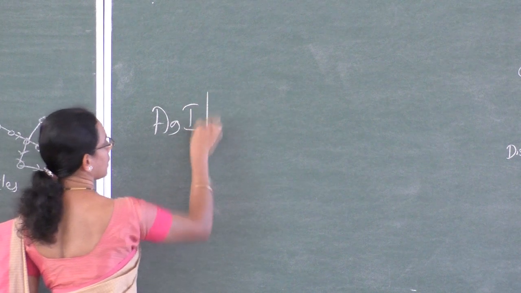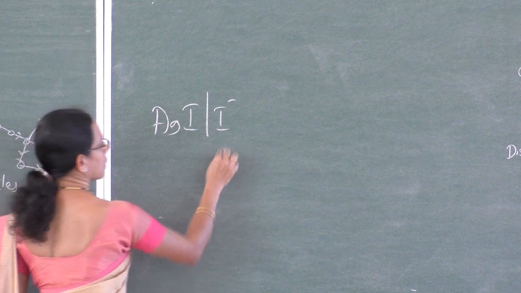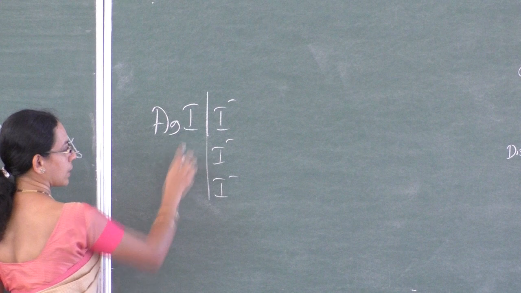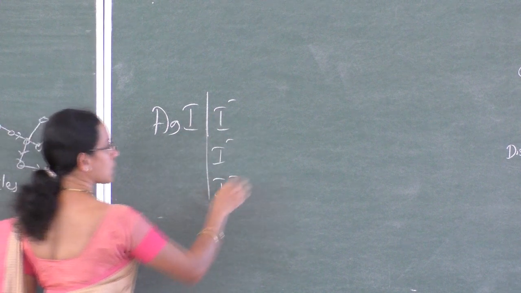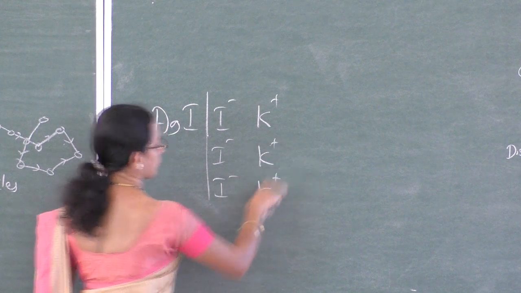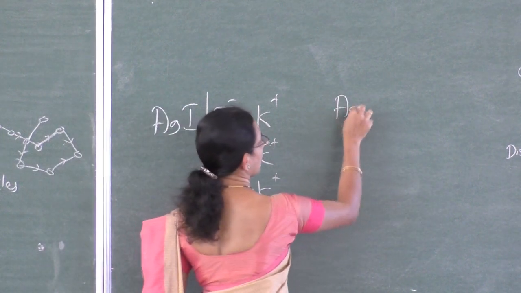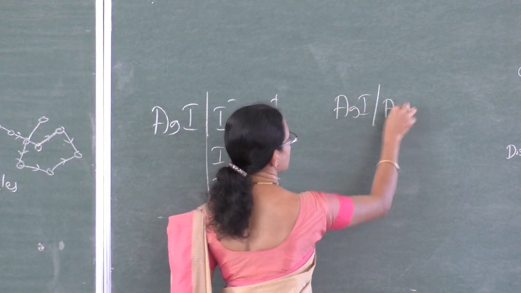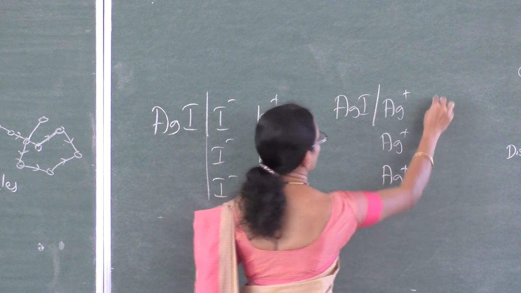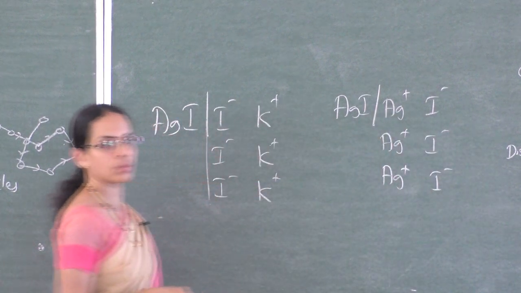So AgI, if it is negatively charged, has a layer of negatively charged ions around silver iodide, and these I minus ions attract K plus ions present in the solution. Or AgI, if it is positively charged with Ag plus, attracts I minus ions present in the solution, right.